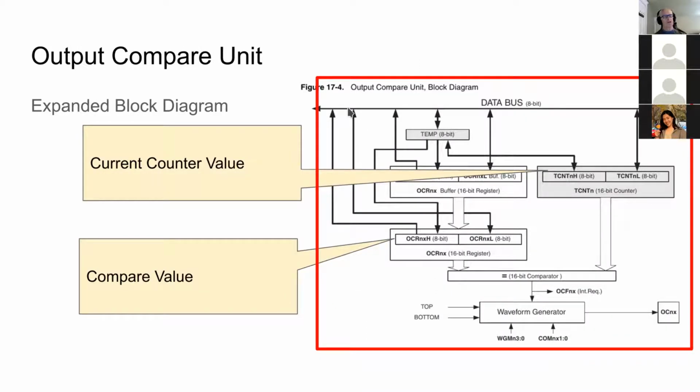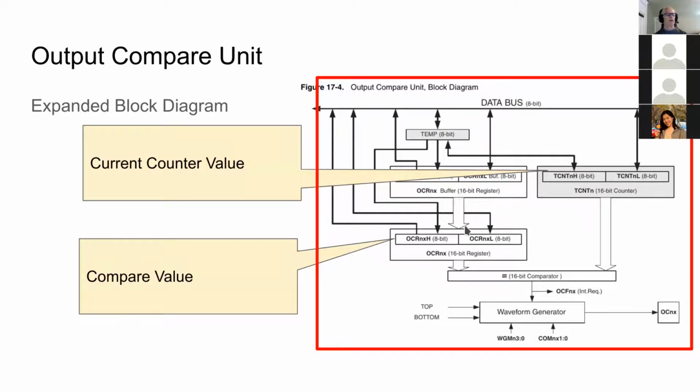The answer is it puts half of it into this temp register, and then when you write into the lower half of the counter, for example, we won't do this, but you can actually set the value of the counter and have it go from there, which you may want to do in certain situations.